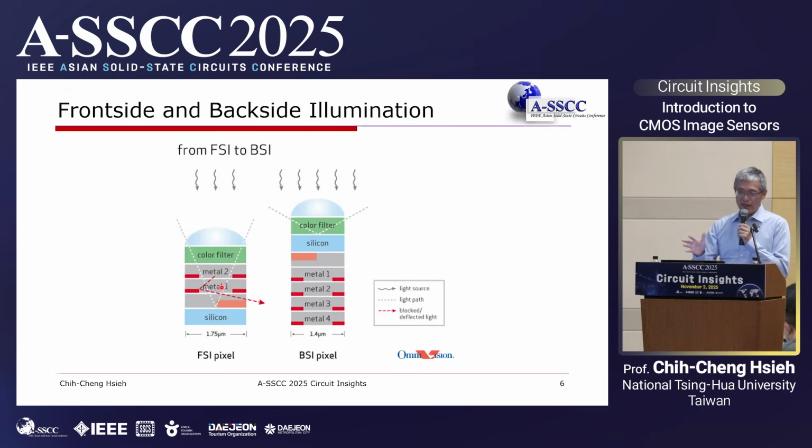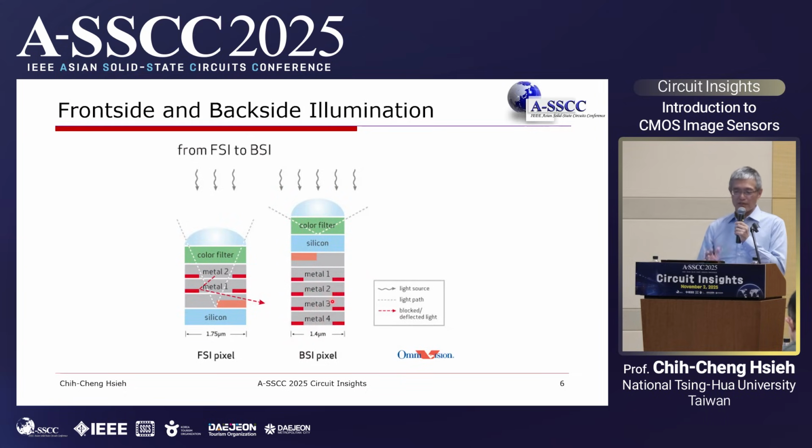After that, an improved version of the architecture was developed, which we call backside illumination. We flip the chip and let the color filter and the micro lens be manufactured after the silicon wafer. Light will pass through these two components and directly inject into the silicon without going through all the required metal layers.